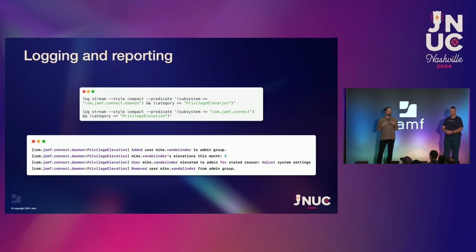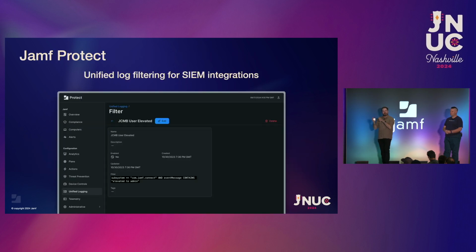So you get a better understanding of what transpires after somebody becomes a local administrator. What that eventually translates into then is having some sort of a scaled logging system. You want to be able to understand across your entire fleet, people are asking for privileges, great.